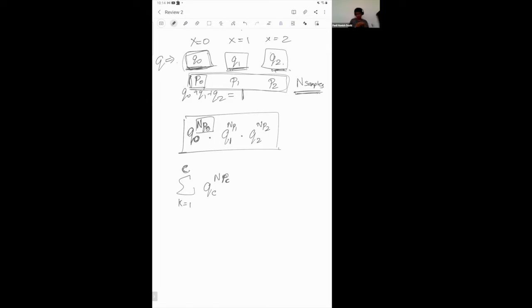What this would indicate is there are n samples, and the true probability of class 0 is p of 0. So if I provided you n samples, then the total number of samples that would go in class 0 would be n times p of 0.